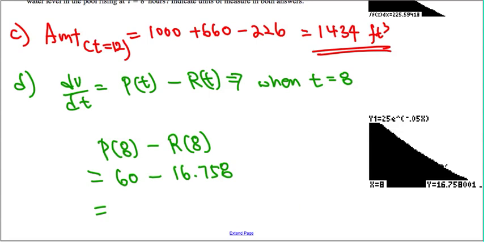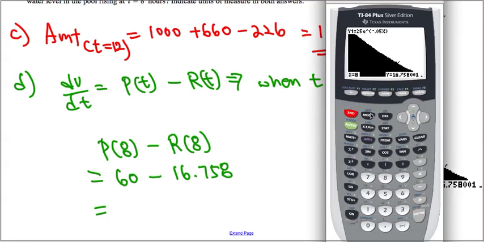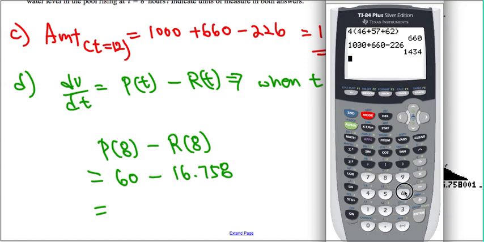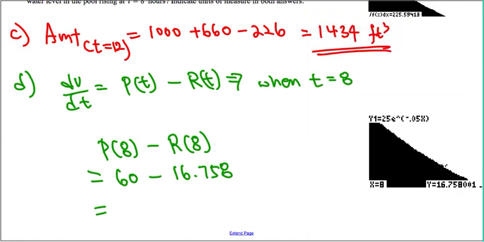So we have 60 minus the y value, which is 16.758. So 43.242. And in this case, this will be in cubic feet.